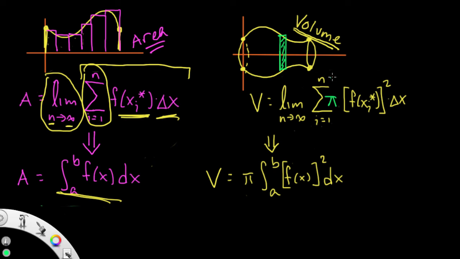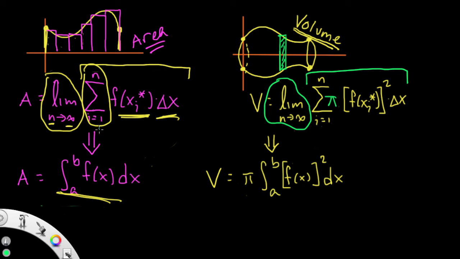This right here was one disk. We'll add those up. That'll be an approximation to the volume of the solid. And then we'll take finer and finer disks, in other words, more and more disks, and let that number of disks run on to infinity. And that approximation again will converge to the exact volume.